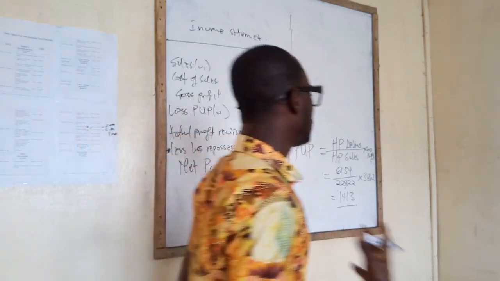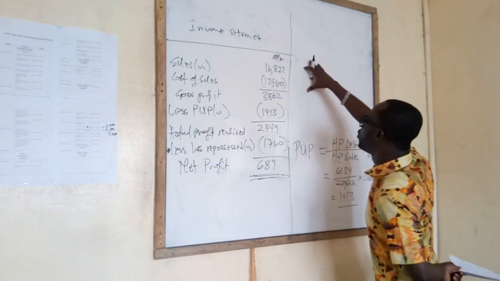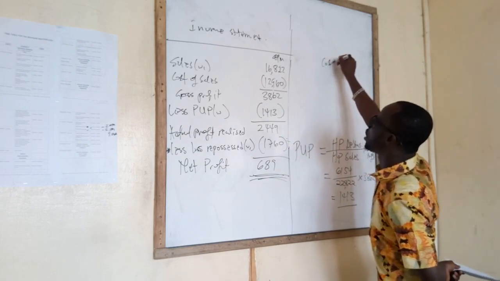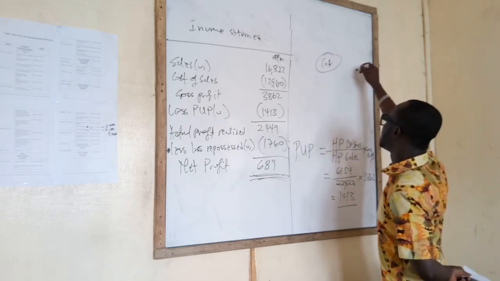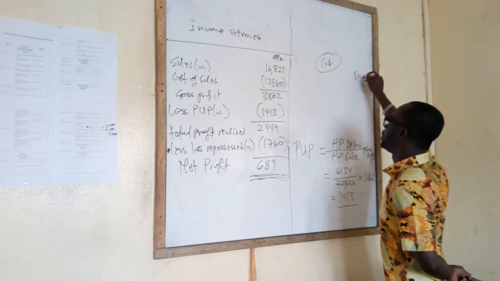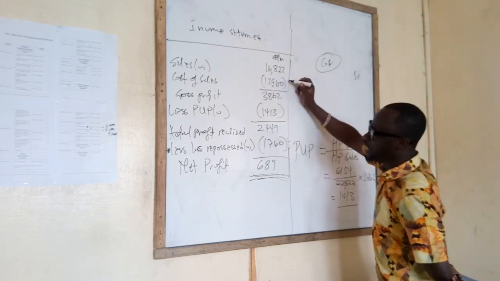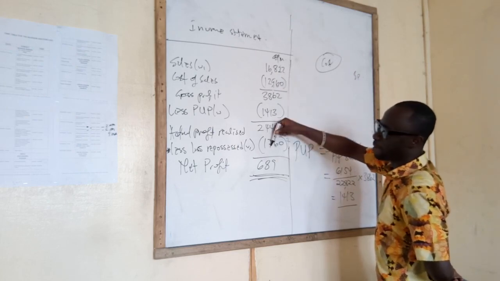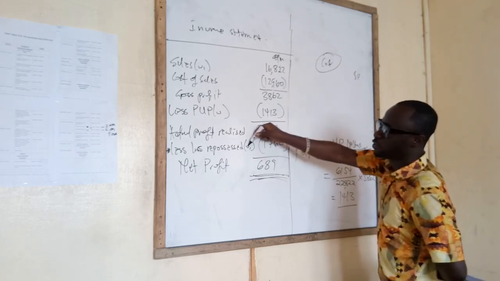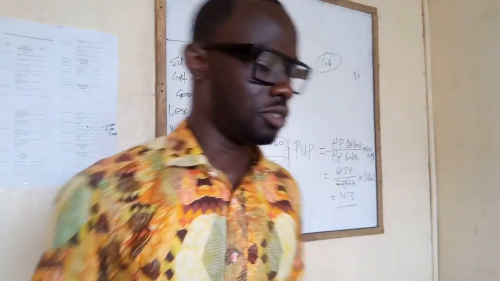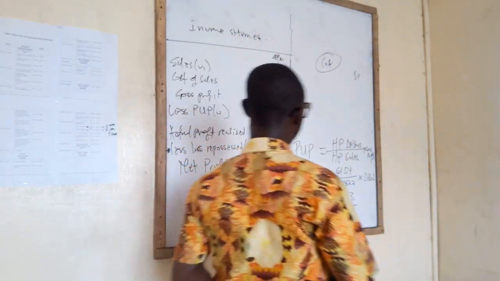So we have to take into consideration, once the goods has been repossessed, meaning that its cost has to be subtracted from our cost, and its selling price has to be subtracted from what? Our selling price. So that's why we are doing that, because you realize that we brought that as a debit to the repossessed goods account. So we need to take that into consideration.